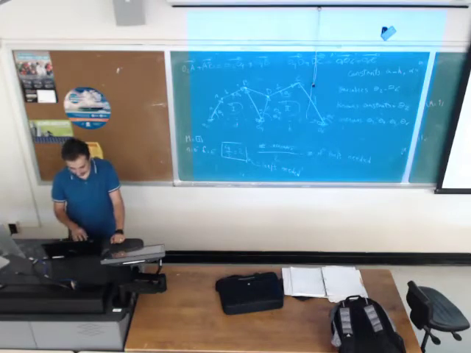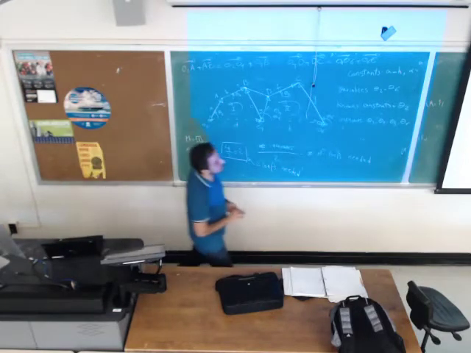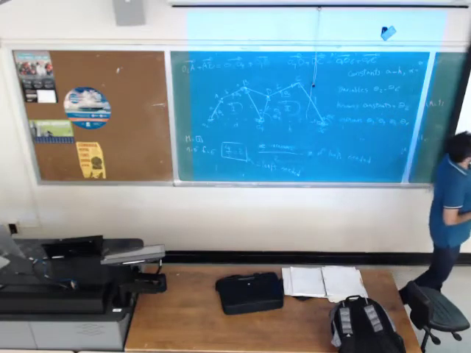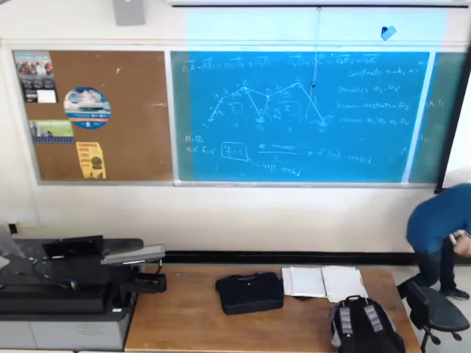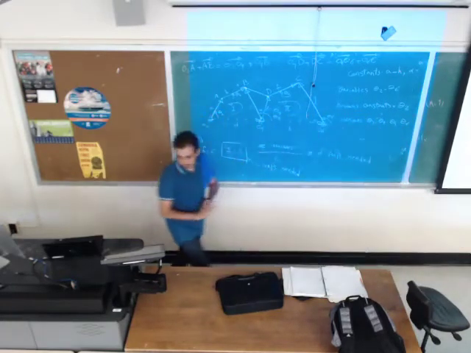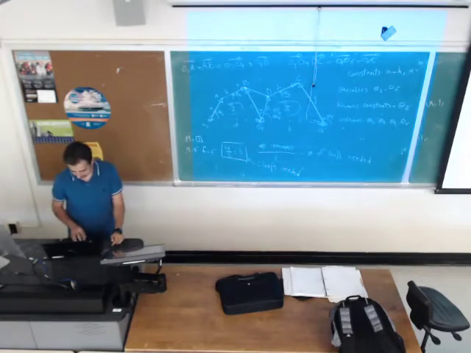Is that clear? I'm asking how many possible modes can you see here. For a given theta 2, how many possible modes can I get?